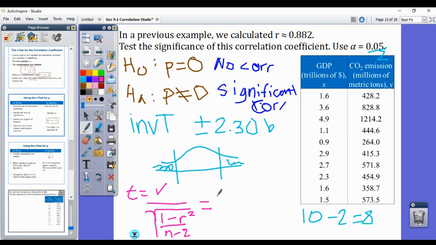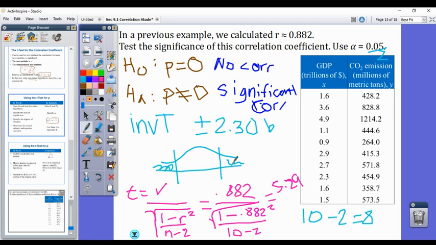Okay, so we're going to say 0.882 over the square root of 1 minus 0.882 squared over 10 minus 2. All right, and then I'm going to plug all that in, and I'm going to get a t-value of 5.29.